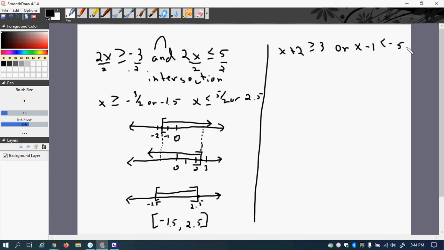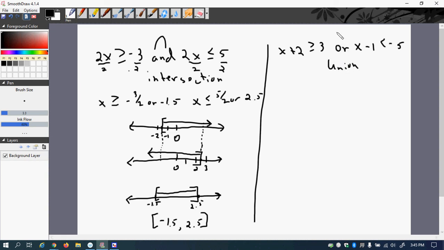So here are the two inequalities that are joined by the word "or." Now "or" stands for union, meaning all the solutions that make this inequality true and all the solutions that make this one true. Because it's an "or," we want solutions to either of these. And that's what union stands for.